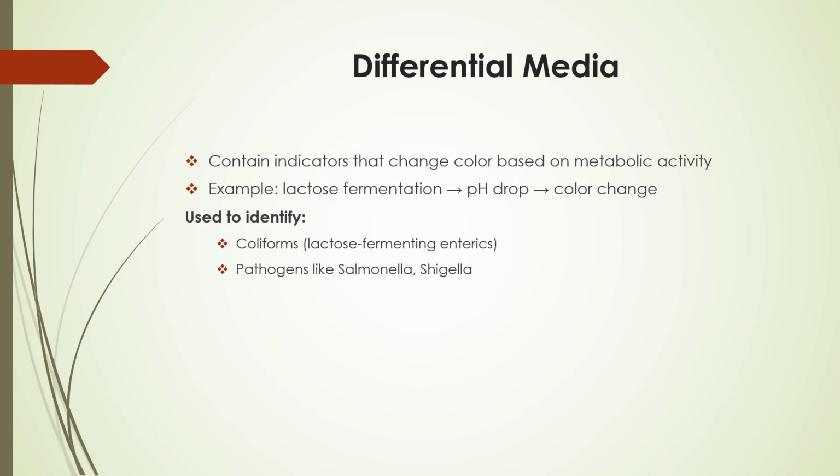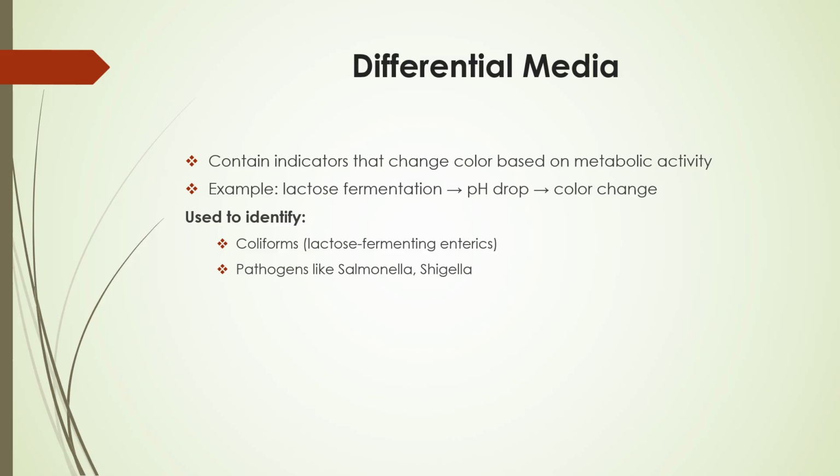Lactose fermentation is a typical example. Lactose fermentation by bacteria results in acidic byproducts that lower pH and affect the medium's color. In both clinical and environmental contexts, differentiating media is crucial for organism identification.